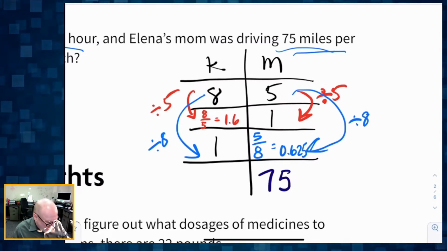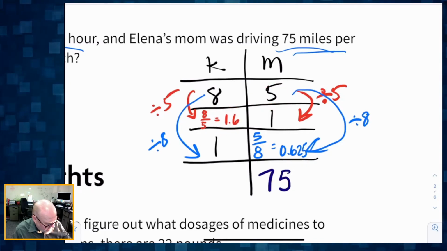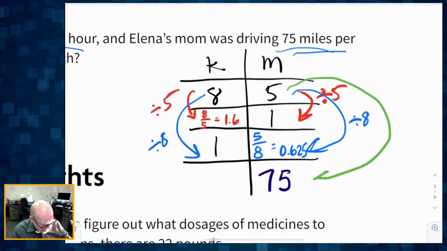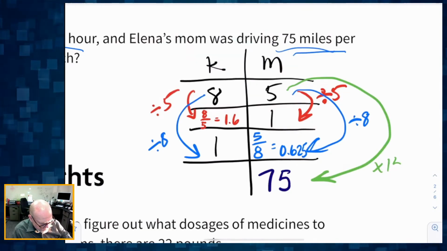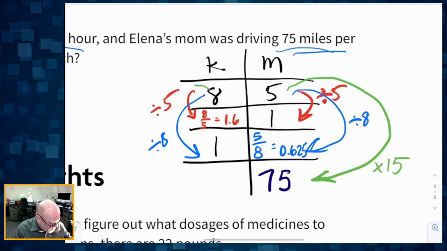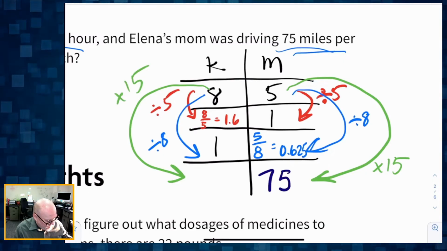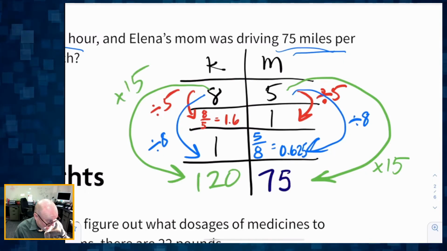In this case, I'm just going to avoid the decimal and use the 5. So 5 times 15 gives us 75, so I'm going to do 8 times 15, and that's going to give us 120.